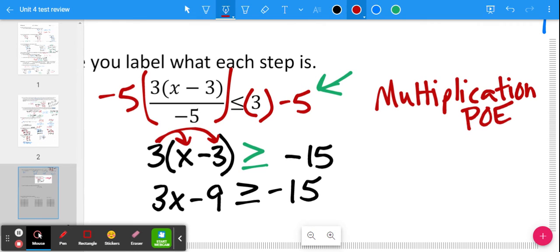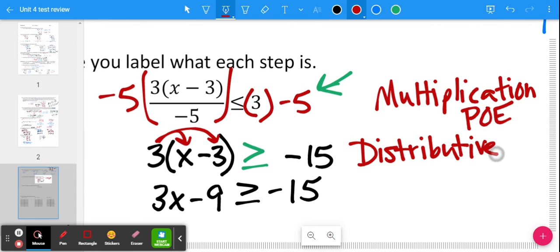Because I did it to both sides, it's a property of equality. The next one I distributed, so that's the distributive property. And that one's not a property of equality because it only happens on one side. So it's just a distributive property.